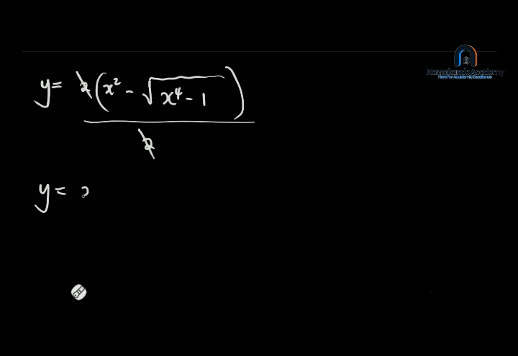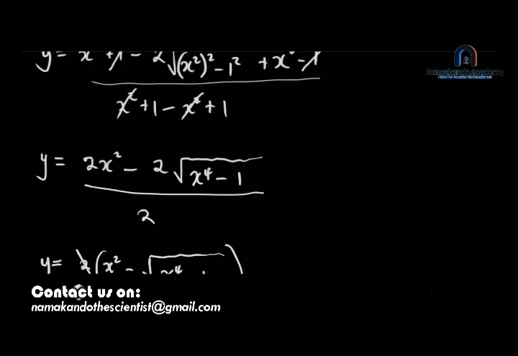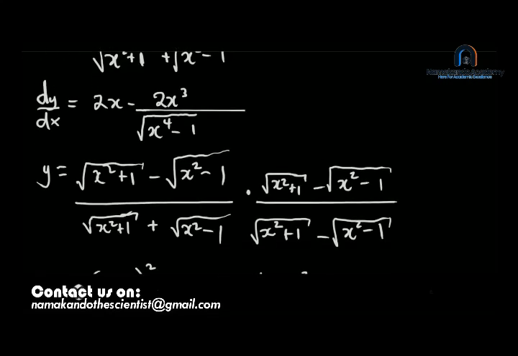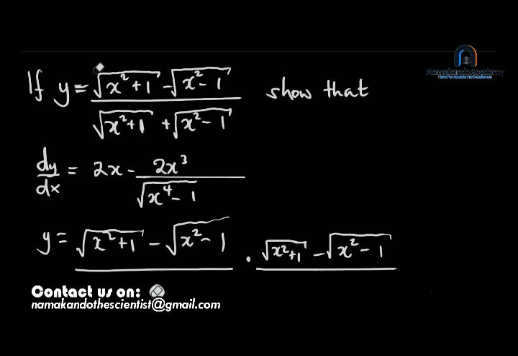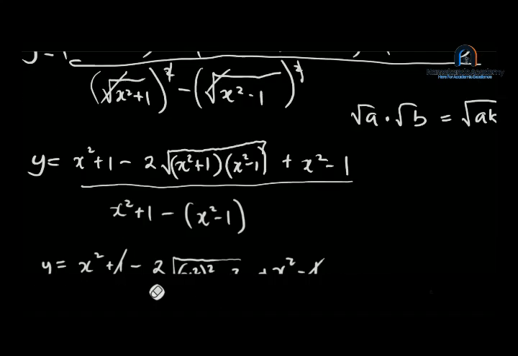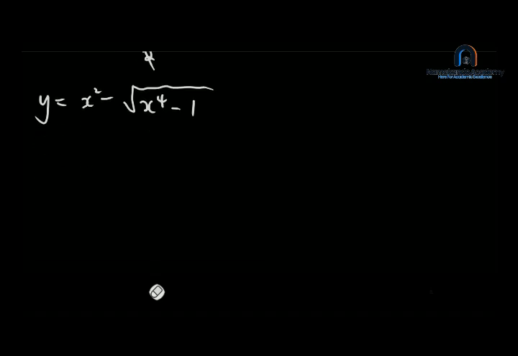Hence, we'll remain with x squared minus square root of x to the power 4 minus 1 like this. So with this, what we have is y as a simplified function, or rather part of what was presented at first. So this which we now have can easily be differentiated.